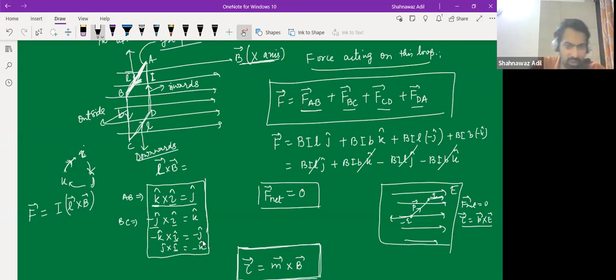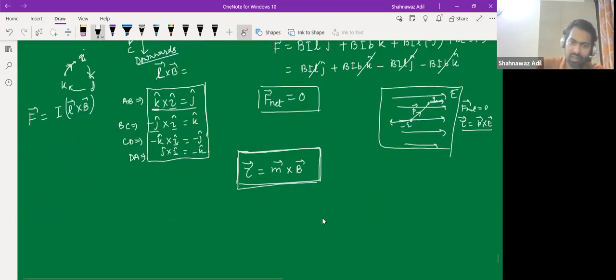And you already know the right-hand thumb rule, right? So this was C to D and this was D to A. This was the torque on a current carrying loop, and if M is perpendicular to B, sin theta is 1, so this would be MB. And how much is the magnetic moment?